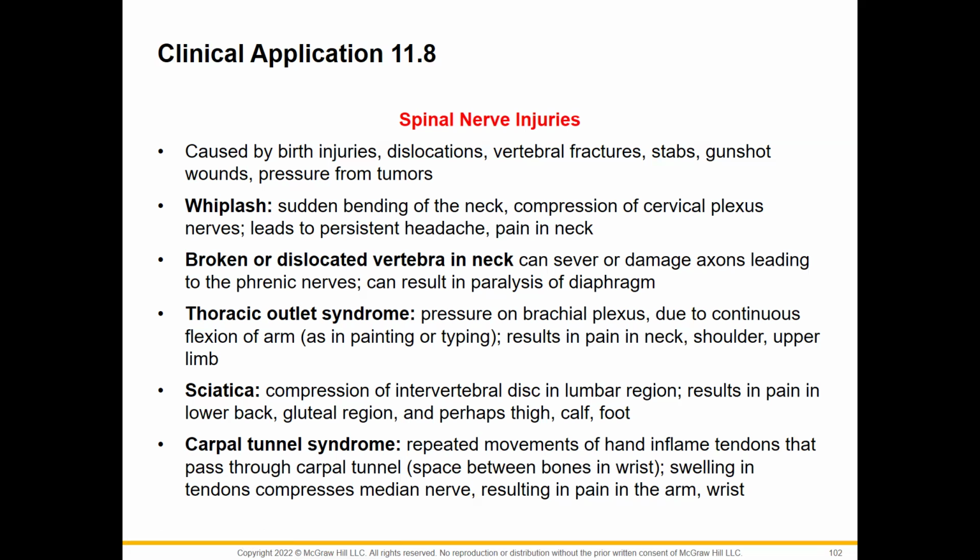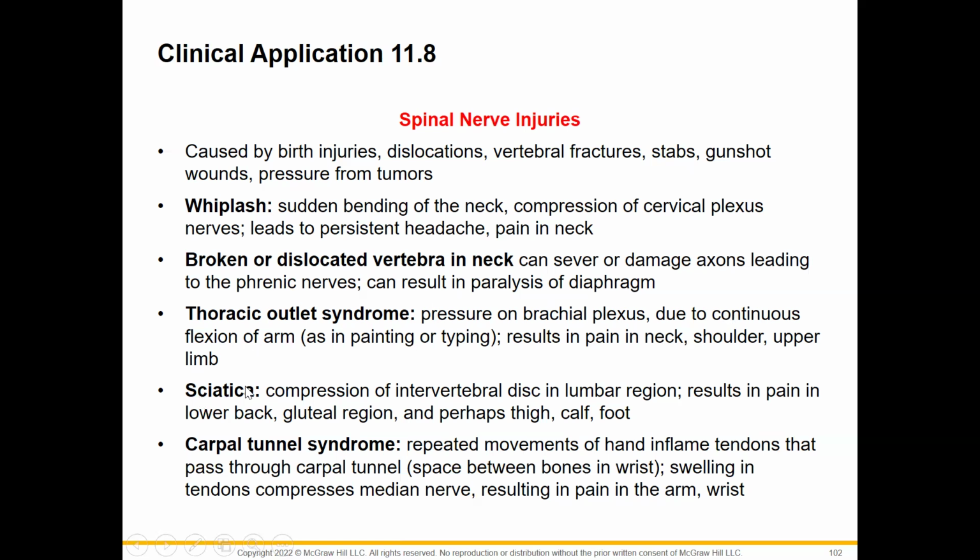That inflammation of the tissue can lead to pressure or compression on the brachial plexus, and that can lead to pain or discomfort anywhere from the neck to the fingers, depending on which nerve root is being affected by that continuous flexion of the arm.